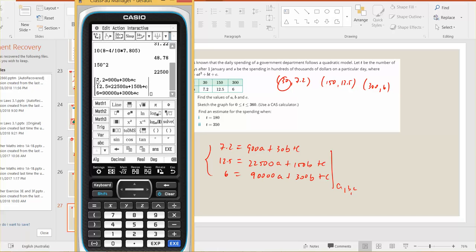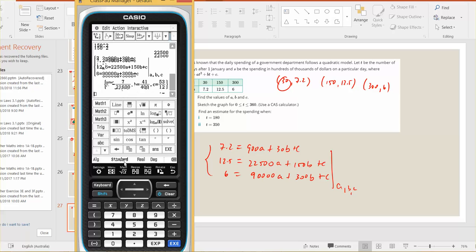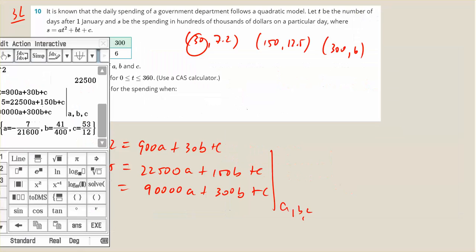The next part is we want to graph it between 0 and 360. A trick you can do on the go is multiply the A value by x squared, plus the B value times x, plus your C value, which is 53 on 12, because I don't want to type all that in again.